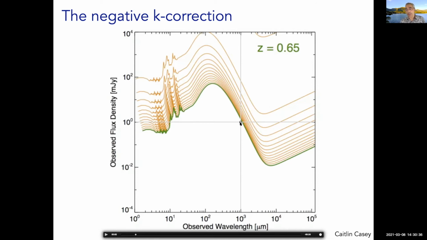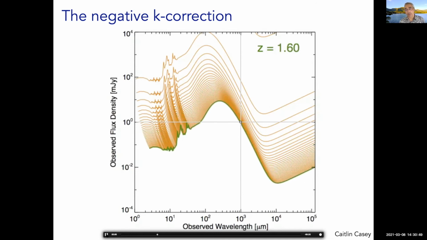And this combination means that at this one given fixed wavelength, we just track along this very steep rise in the thermal emission. And so remarkably, you can see here that the flux at 1 millimeter remains at 1 millijansky as you go out to now 2.9.